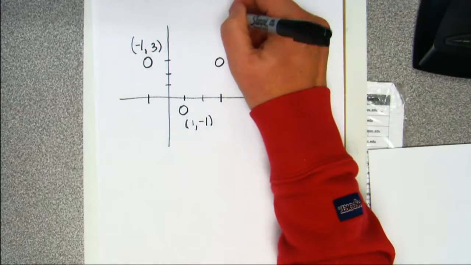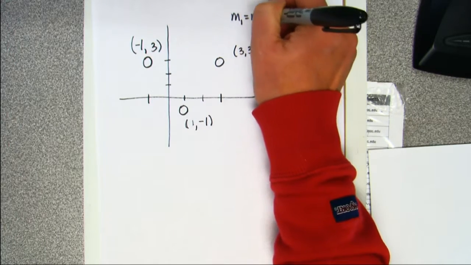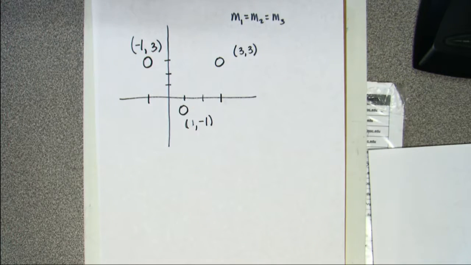And we're going to say mass 1 is equal to mass 2 is equal to mass 3. I just want to get it in the exact form of the way your book does it.